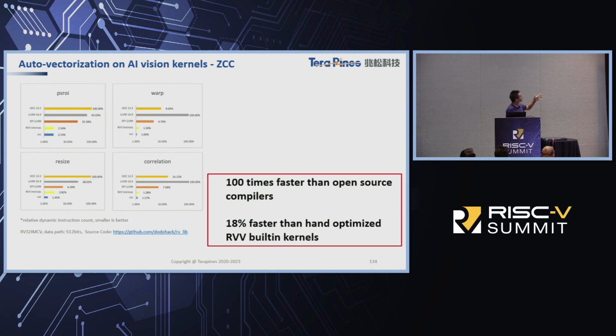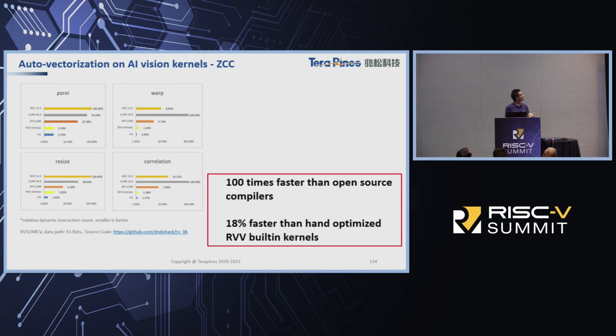I think it's quite small, but our compiler is at the bottom of the chart. You can see our compiler can achieve roughly 100 times faster than the open source compilers in the warp application. Also, we achieved 18% faster than hand-optimized intrinsic kernels.